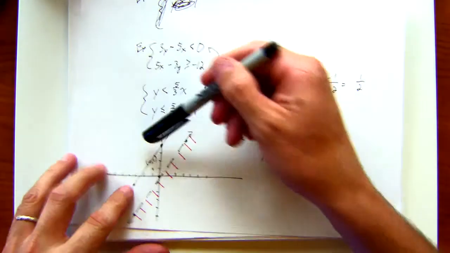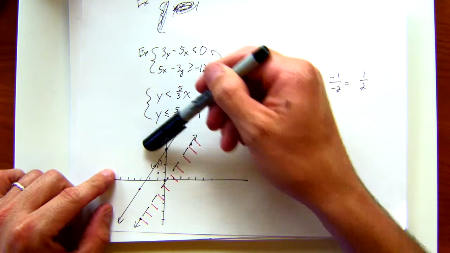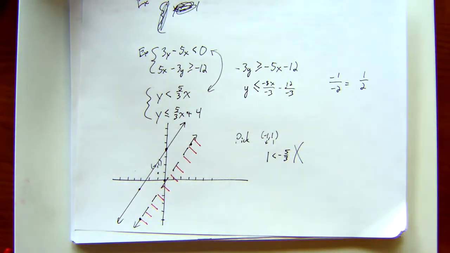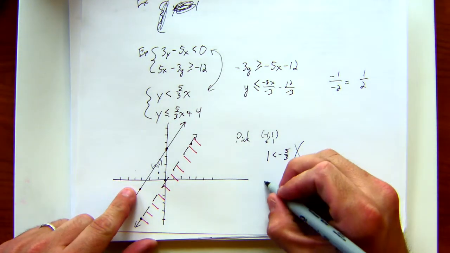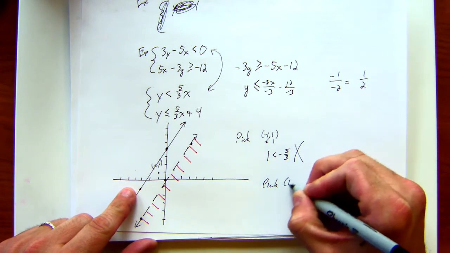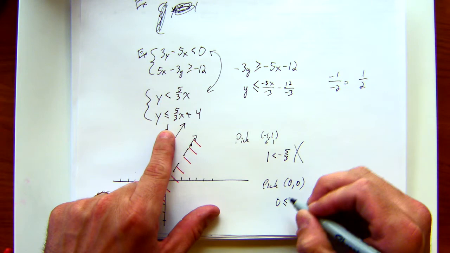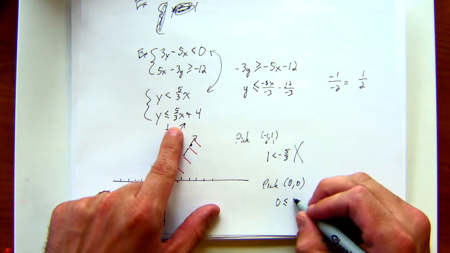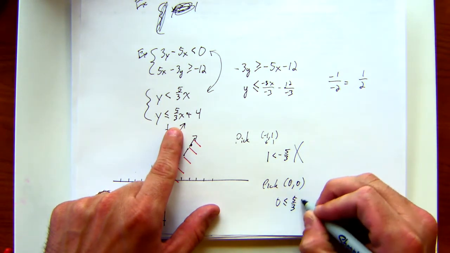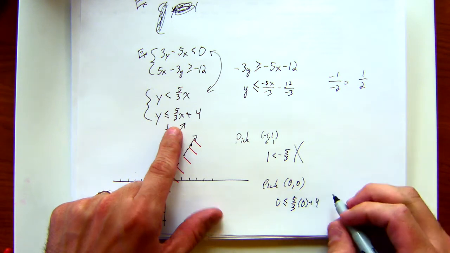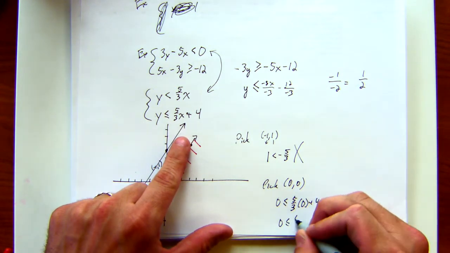Okay, now I need to pick a point on either side of this new line. What's an easy one in this case? Pick 0, 0. Plug it in. I have 0 is less than or equal to 5/3 times 0 plus 4, is 0 less than or equal to 4?